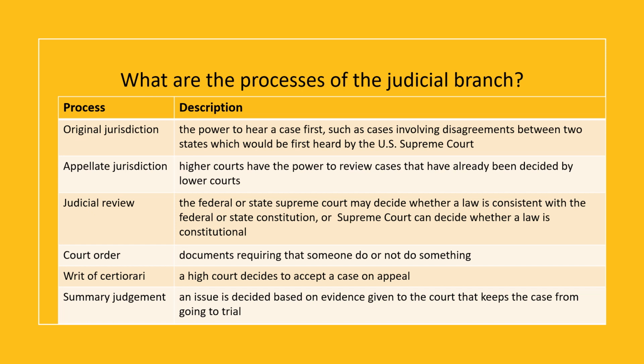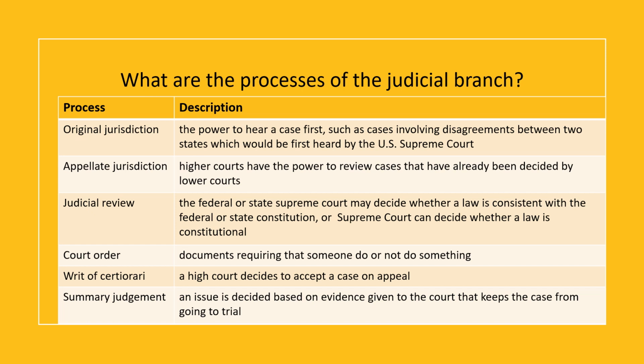So one example is cases involving disagreements between two states. And we imagine that that makes good sense. After all, who would be available to objectively resolve a dispute between two states? Certainly it wouldn't be a court within one of those two states. So here the U.S. Supreme Court is the original jurisdiction court.